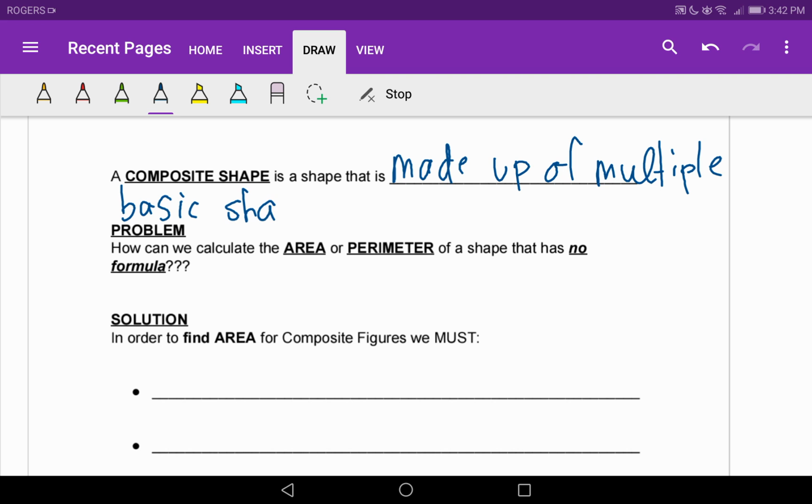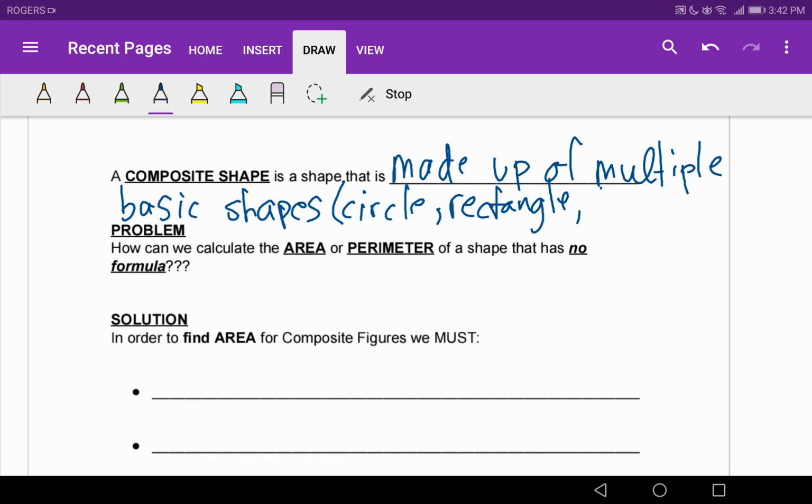And by basic shapes, I mean a circle, a rectangle, triangle, etc.